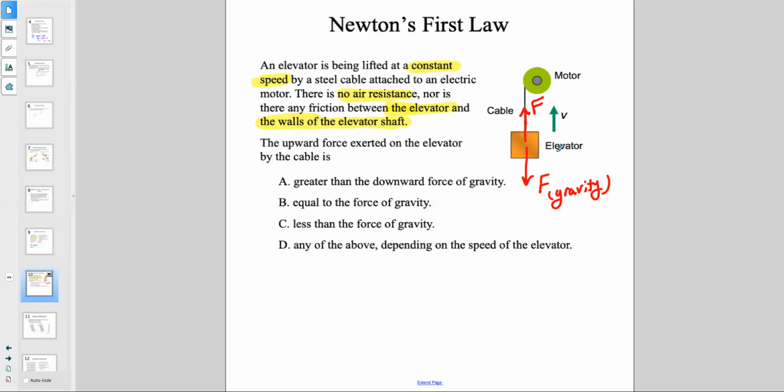So if it's going with a constant velocity, no net force should act on it. That means the force that is going up should be equal to the force of gravity. So B is the correct answer.